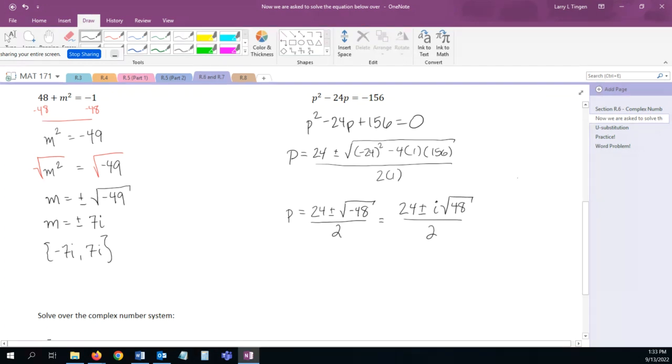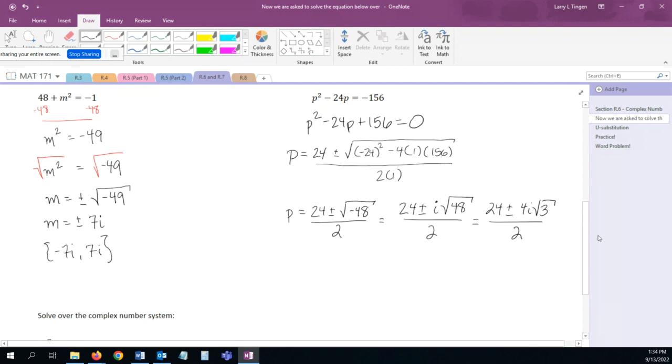48 is 8 times 6. It's also 16 times 3, right? And 16 is a perfect square.